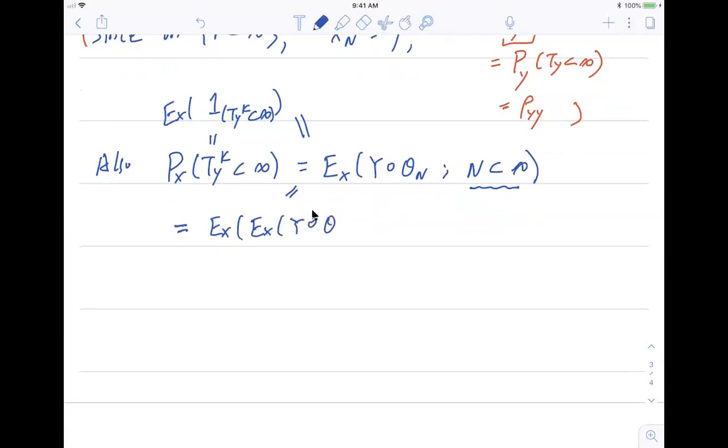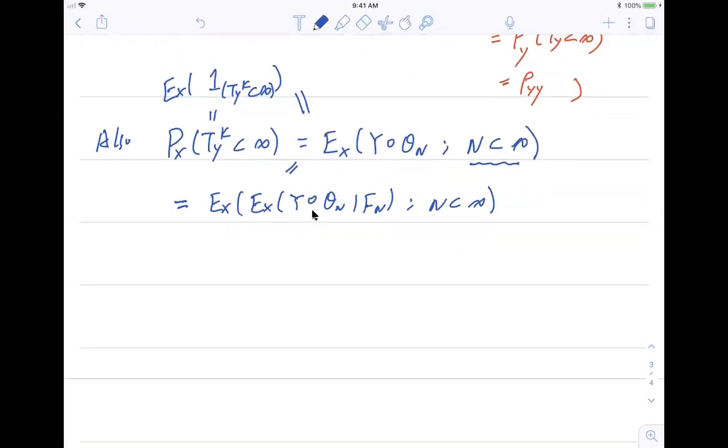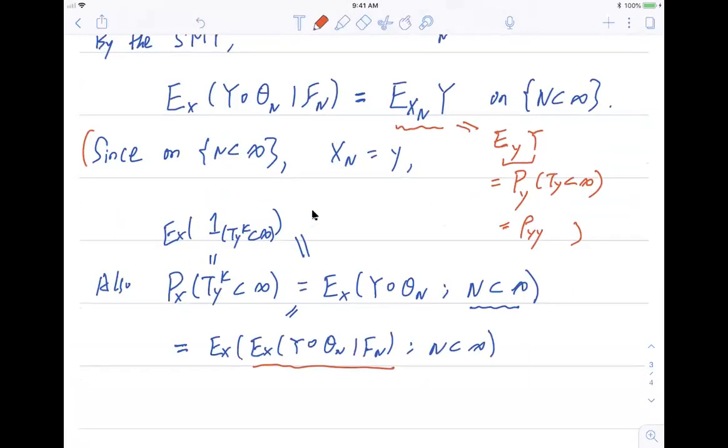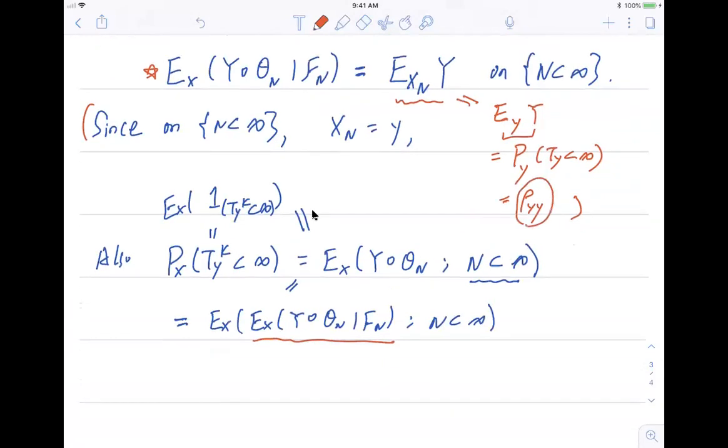Then we can use the Markov property, which is a property of conditional expectation. We use it right here, and this gives you rho_y.